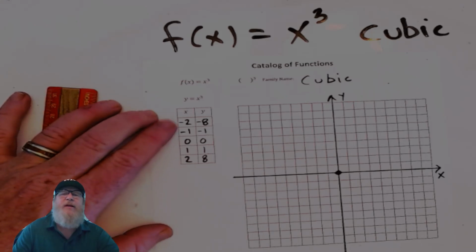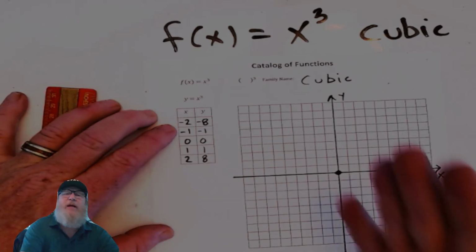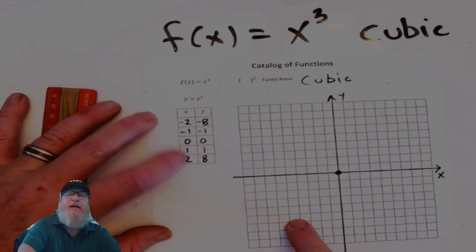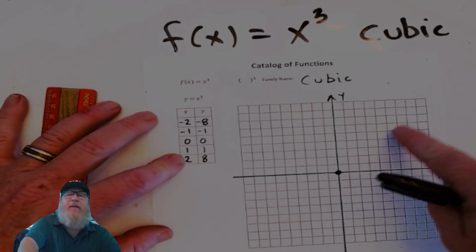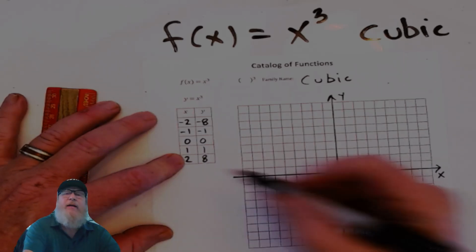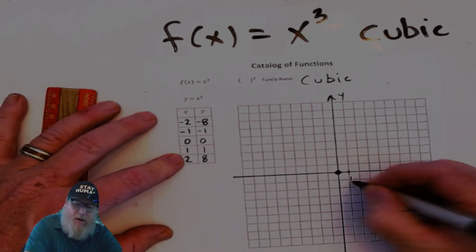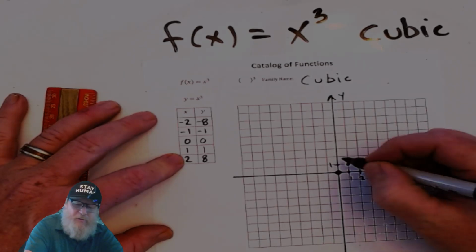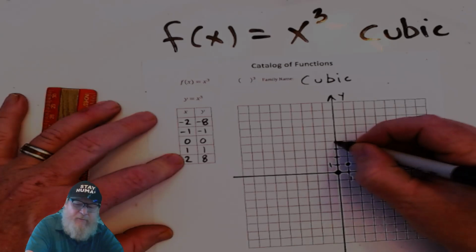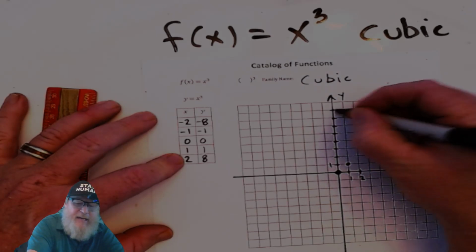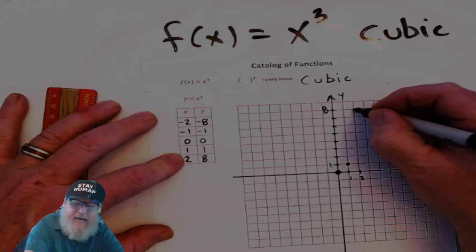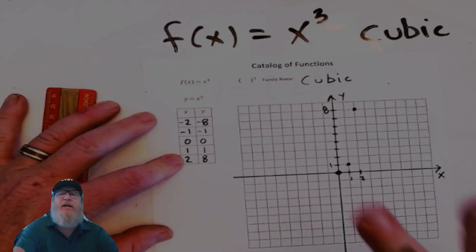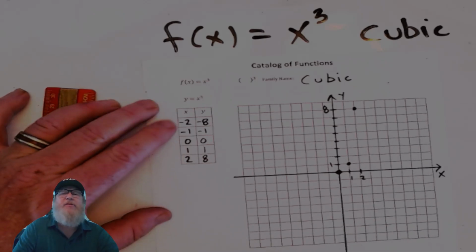0, 0. And then I'm going to go in either direction. These negatives will be on the left, lower quadrant 3, and the positives will be on the right, upper quadrant 1. Let's do quadrant 1 first. So we got 1 and 1, 2 and 8. Don't connect them yet. Get all your dots down first.